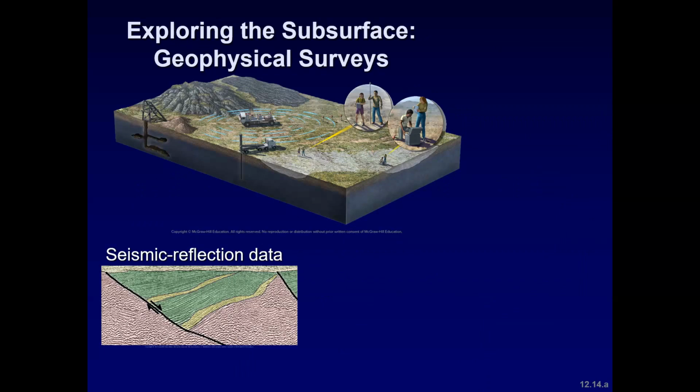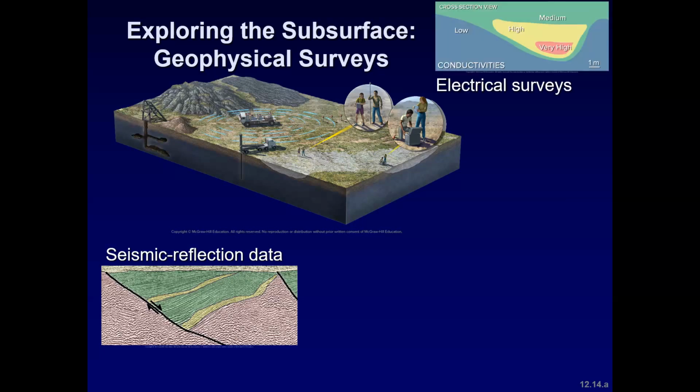Beyond that, seismic reflection data through a geophysical survey can distinguish the layered nature of the subsurface. And we discussed this a little bit in the seafloor chapter. You can also do what's called an electric survey or resistivity.